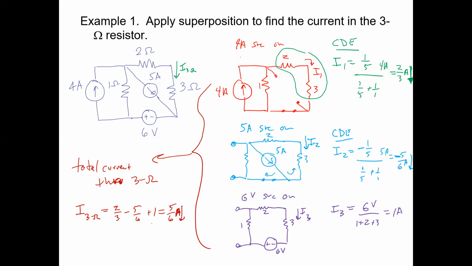The voltage source has the most influence on it, right? So if you're trying to lower the power dissipation on that resistor, it might help you to know which one is providing the most current through it. So that actually can be kind of nice for certain things.